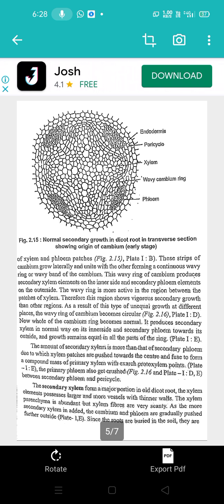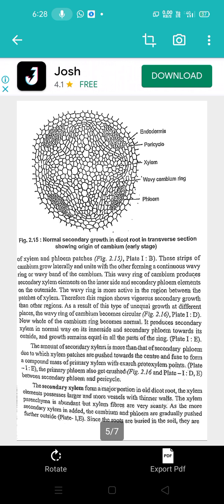It produces secondary xylem in a normal way on its inner side and secondary phloem towards the outer side, and growth remains equal in all parts of the ring.